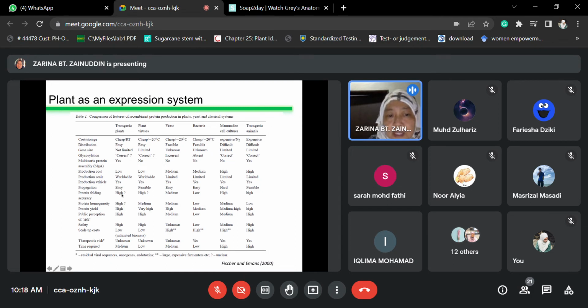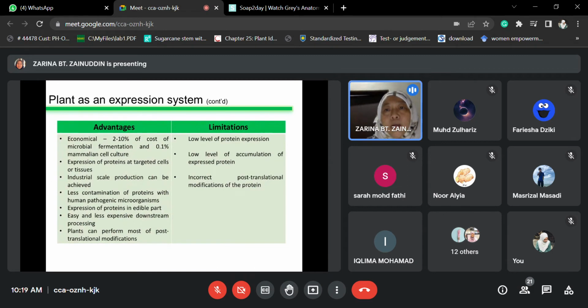So these are some of the advantages of using transgenic plants compared to other systems to produce biological products. You can read about it. So this I want to show you: because we study plants, of course we want to promote plants as an expression system.